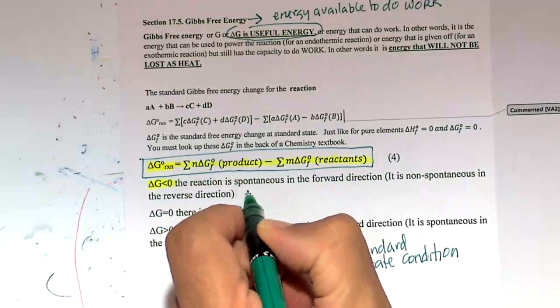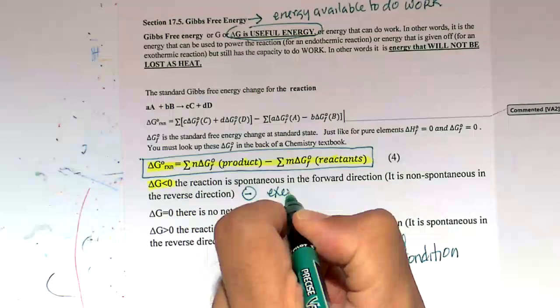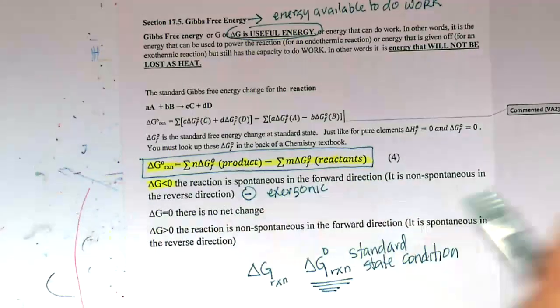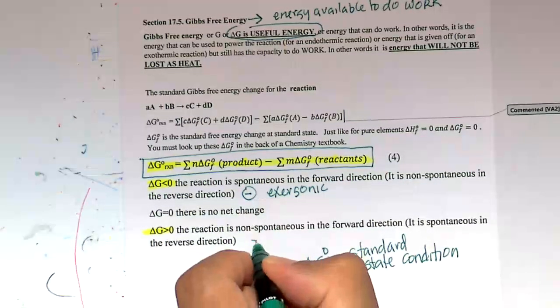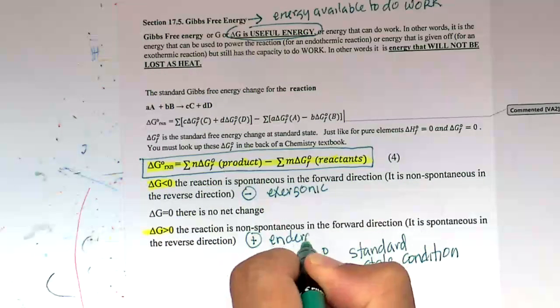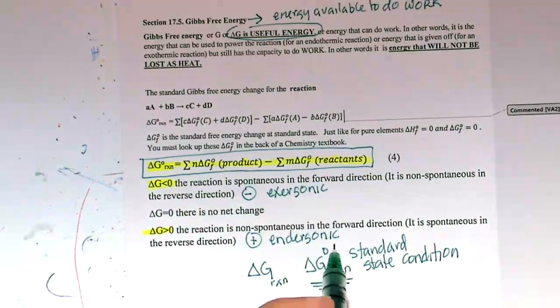If your delta G is negative, this is an exergonic reaction. If your delta G is positive, this is an endergonic reaction. Which way will an exergonic reaction favor, products or reactants?